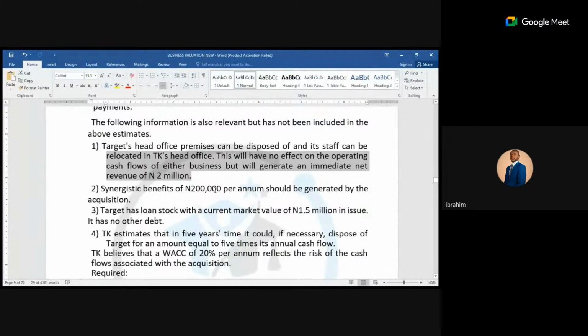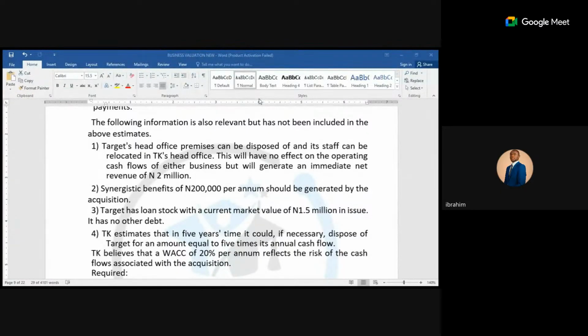Two, synergistic benefits of 200,000 per annum should be generated by the acquisition, meaning that in that acquisition there will be a benefit of acquisition. And what is the benefit? 200,000. First, they will generate net operating cash flow.